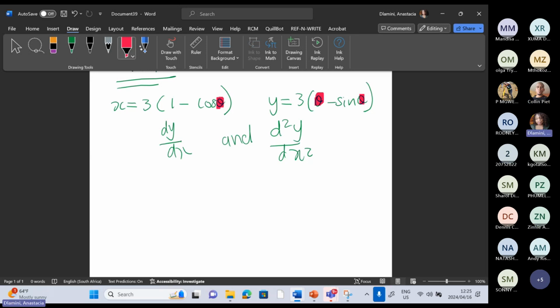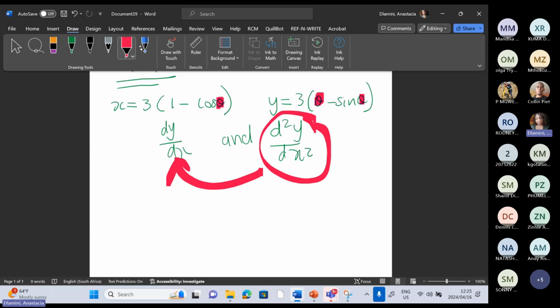So for the second derivative of y with respect to x, why is it not the same as the one we normally did in successive differentiation? Why don't we get this directly from that?